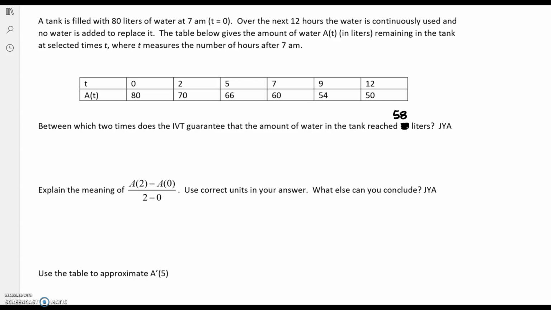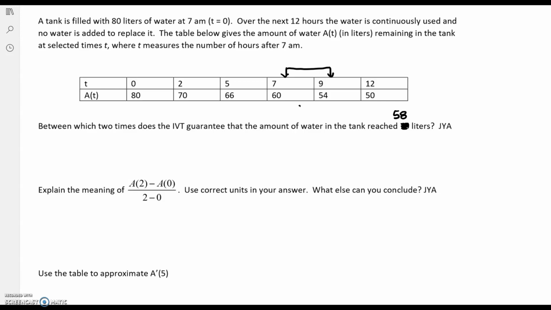If you look between 7 and 9 hours after 7 a.m., we had to have passed 58 because to drain water out of a tank, you know it's draining continuously. You're not skipping over a liter.